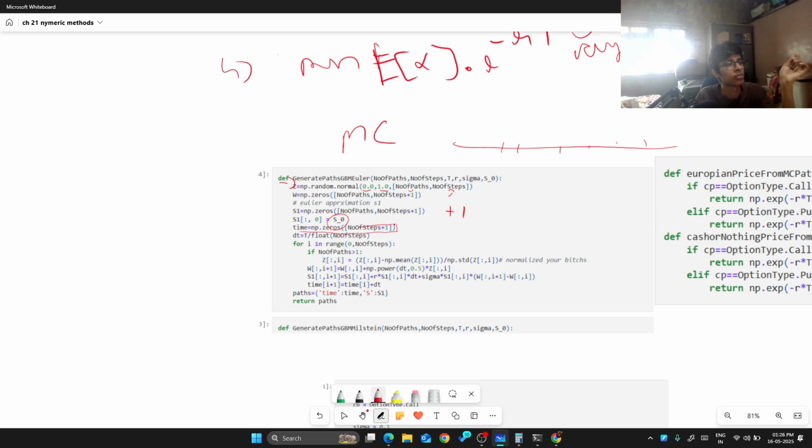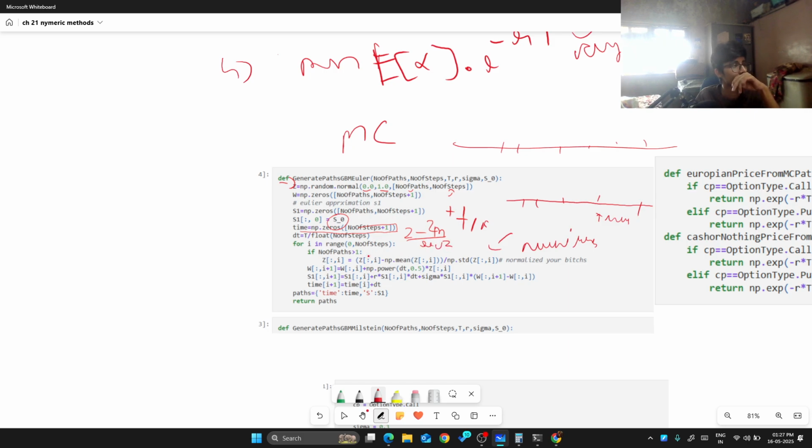The number of time steps is n, so dt equals T upon n, and then we normalize here: z minus the mean of z upon the std of z.